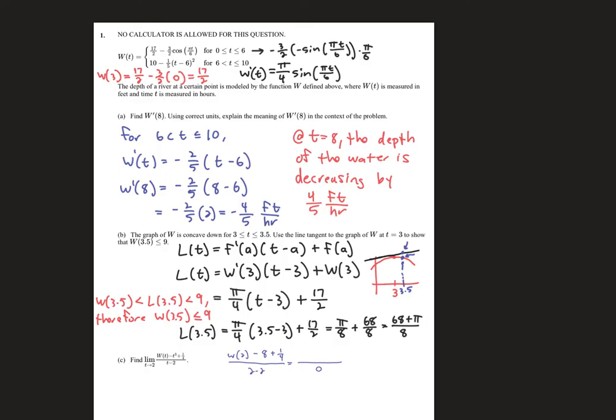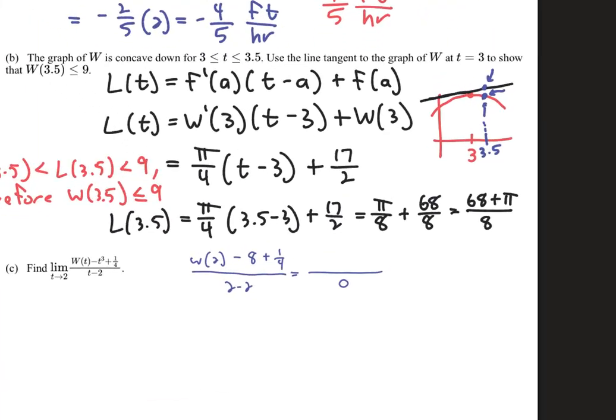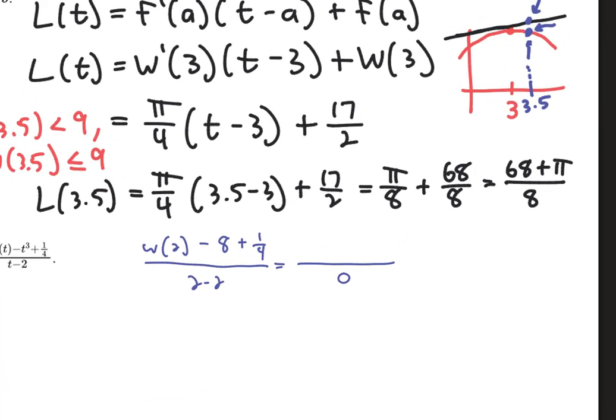Okay, and then so that'll be 17 over 2 minus, this will be 3/4, because this will be 3 halves times 1 half. So W of 2 is 17 over 2 minus 3/4. And that'll be minus 8 plus 1/4. Okay. So we'll get a common denominator on the top of 4.